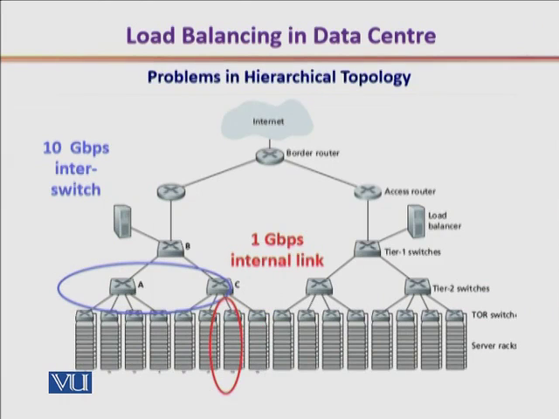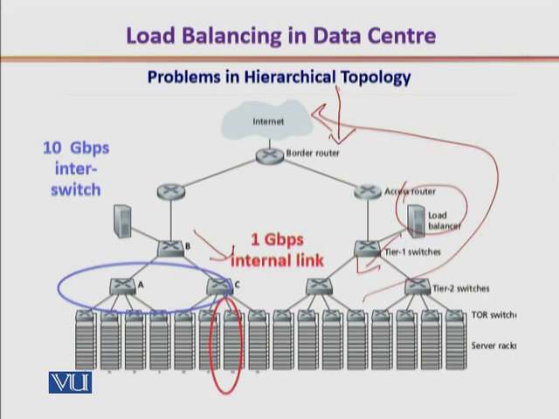Let's look at the problem that happens in hierarchical routing. We see that the client sends the requests coming in from here, and on the inside we see that the requests are forwarded through the load balancer to the respective racks where the servers, also known as the hosts, are installed, which not only communicate with the client but also within themselves.